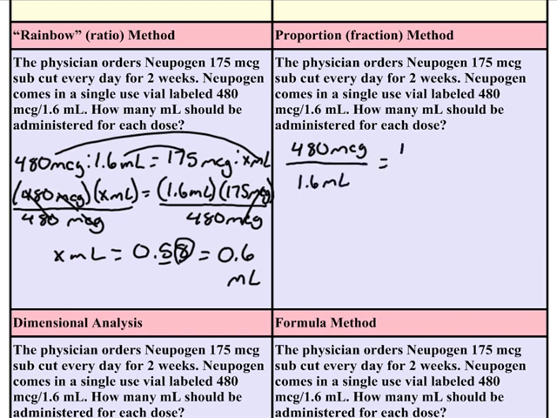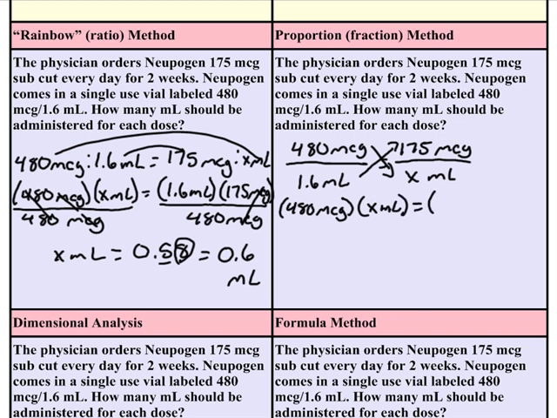We'll set this equal to the 175 micrograms the doctor ordered and put it over an unknown number of milliliters so we know what to give our patient. We now can solve by using cross multiplication. We can multiply 480 micrograms times x ml equals 1.6 milliliters times 175 micrograms.